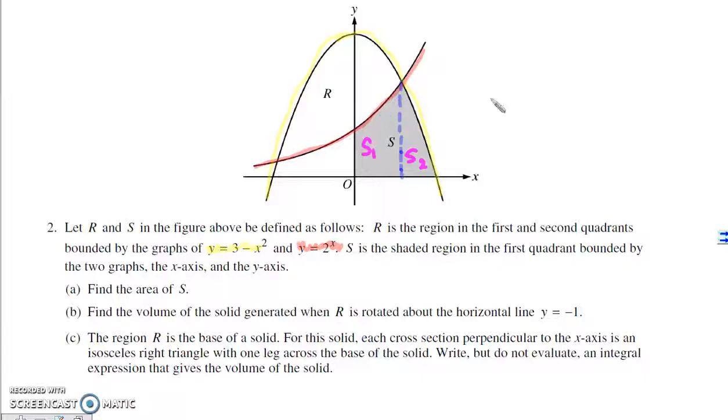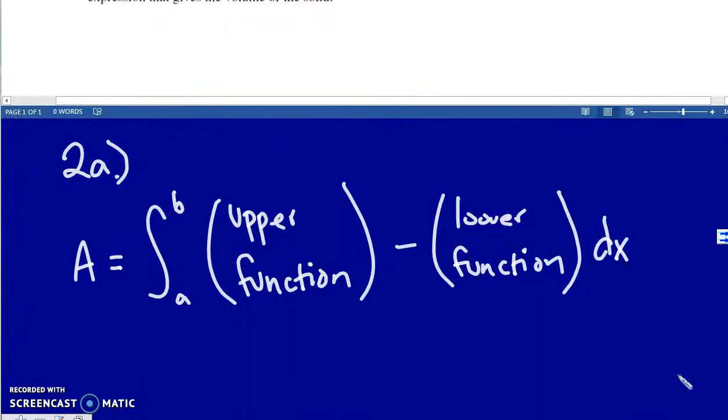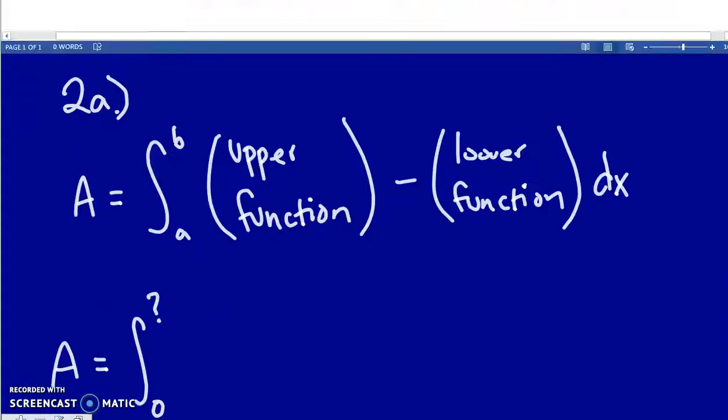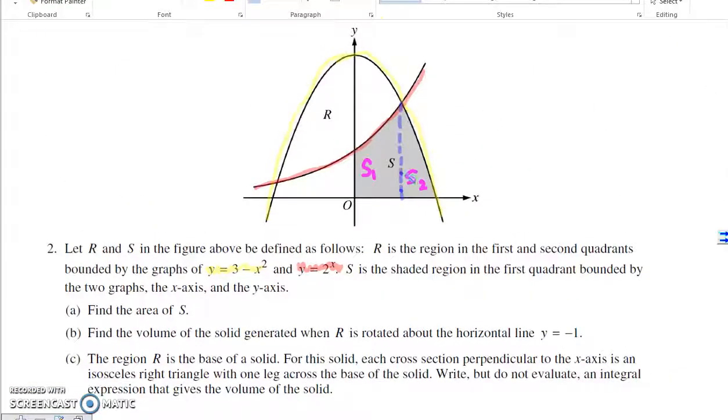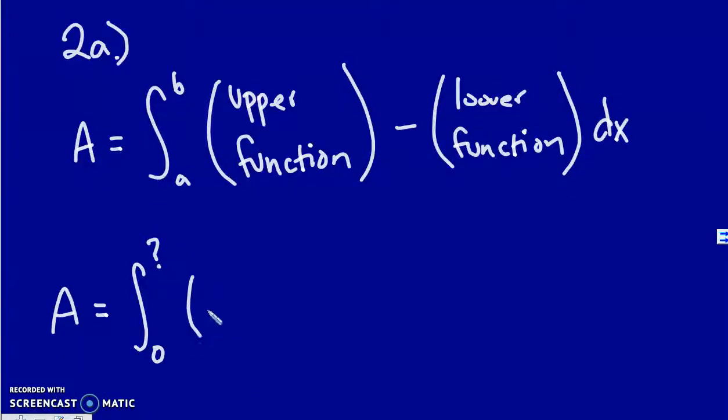So for the first part, we are going to do the integral from 0 up to whatever that intersection is, and it's going to be the top function, which is 2 to the x minus 0, so just 2 to the x dx.